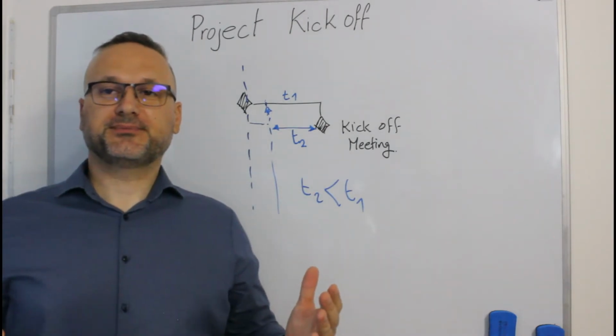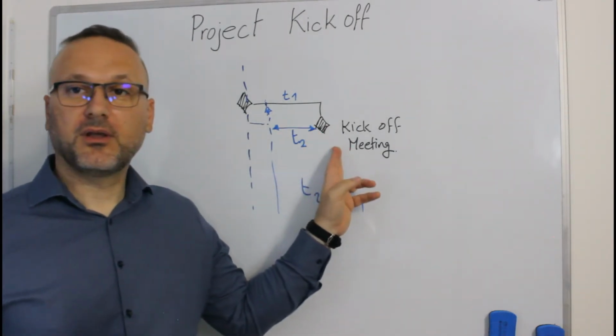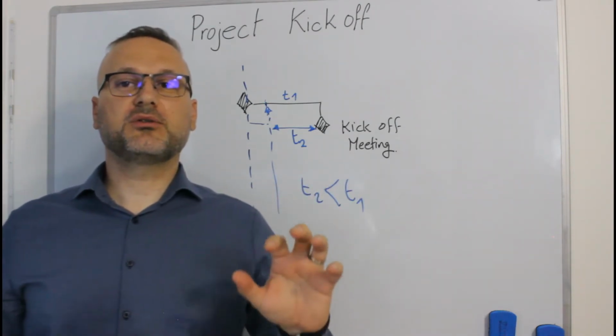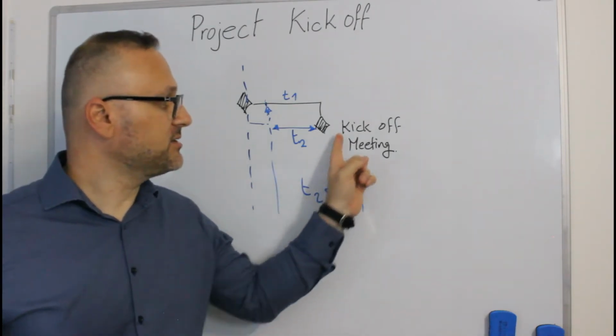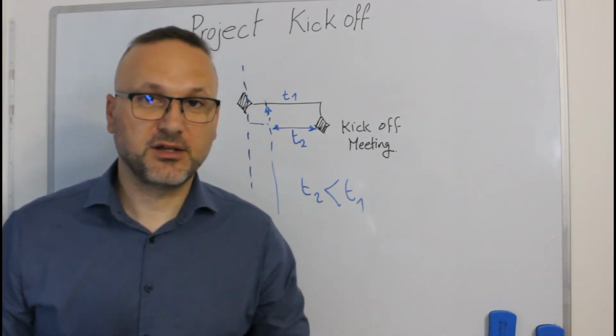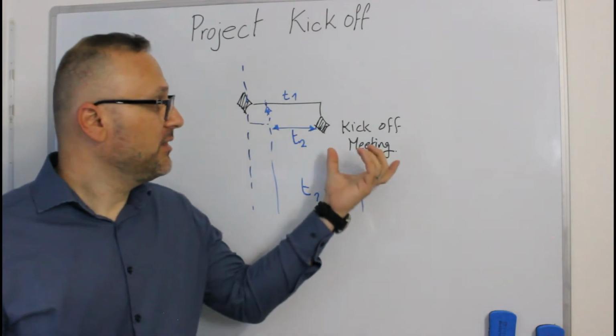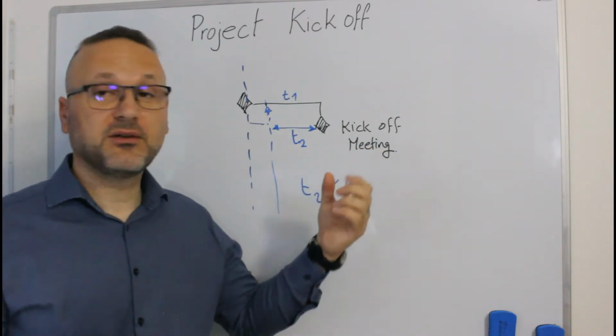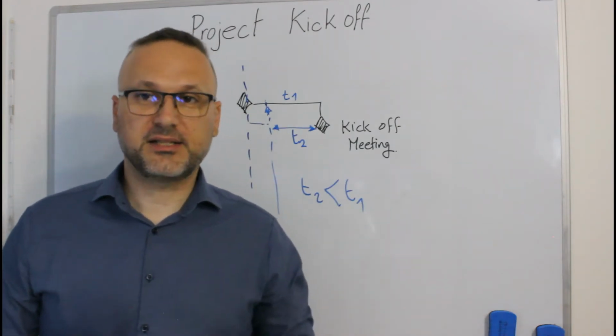What shall you do? If the contract doesn't include what should be inside this kickoff meeting, you will need to start preparing the agenda. The agenda for the meeting should be clearly set for all the involved parties.